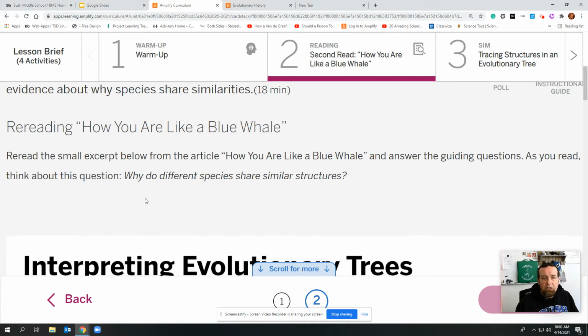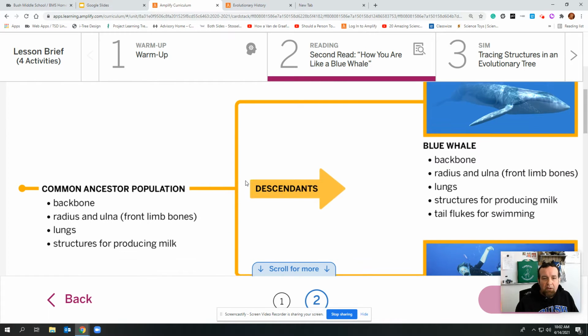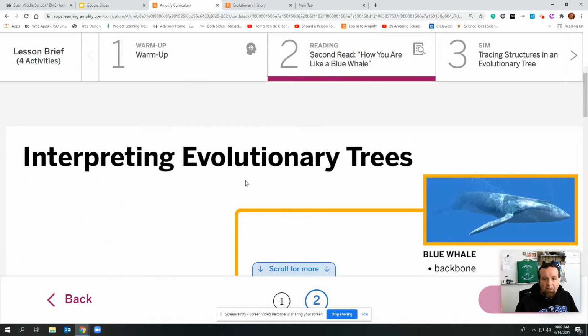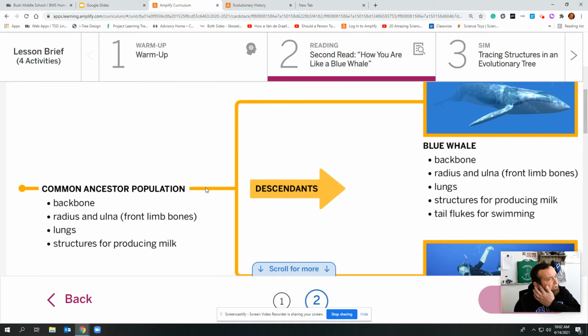So there's a section here that was part of your reading from last time, How Are You Like a Blue Whale? And this is just a little excerpt, a little graphic here. Here we can see our common ancestor population had backbones, a radius, and an ulna, lungs, and structures for producing milk. In other words, mammary glands.